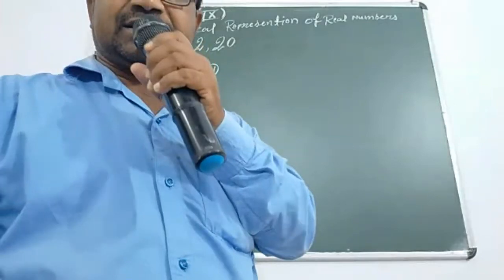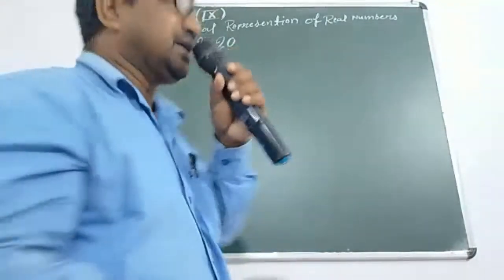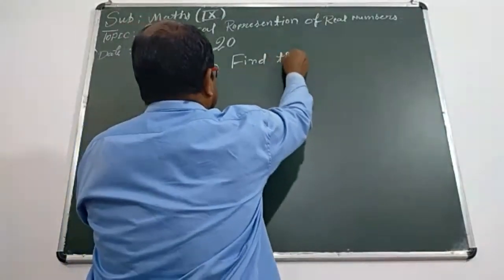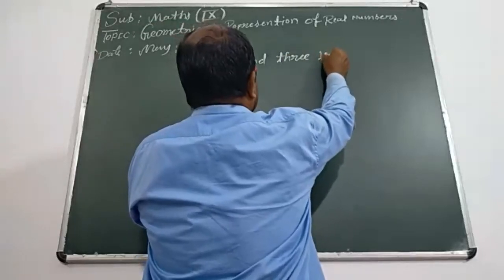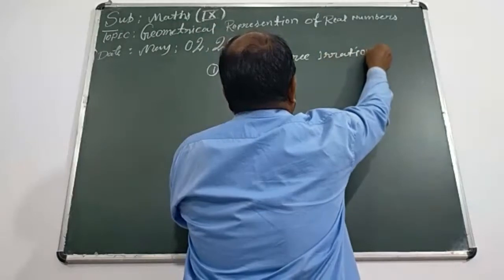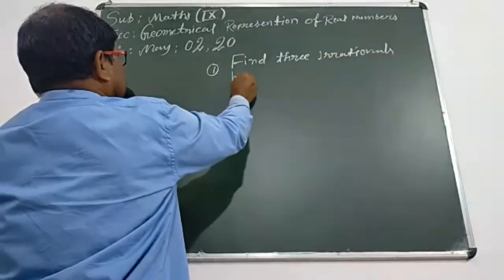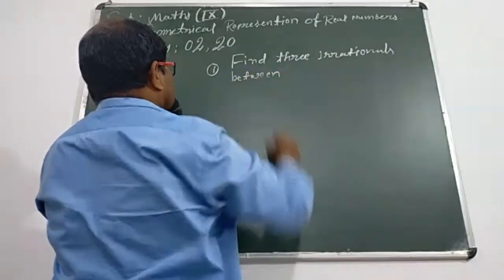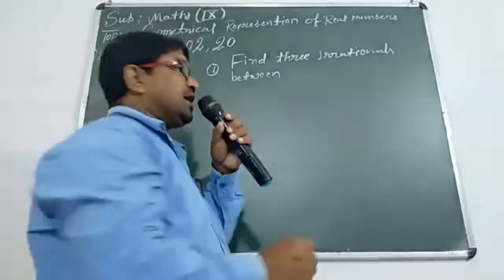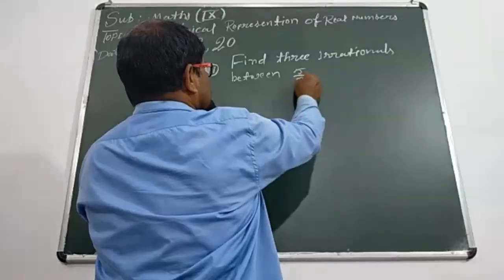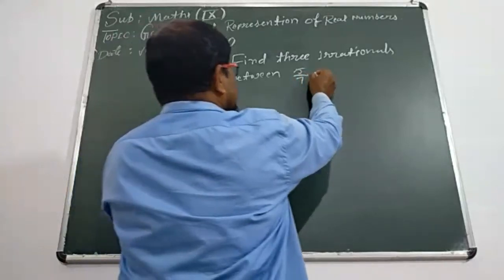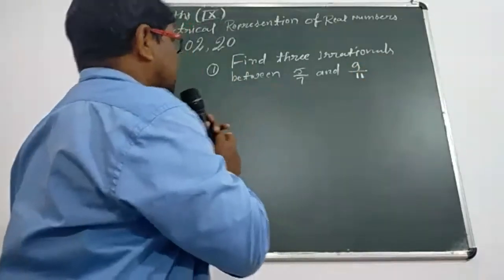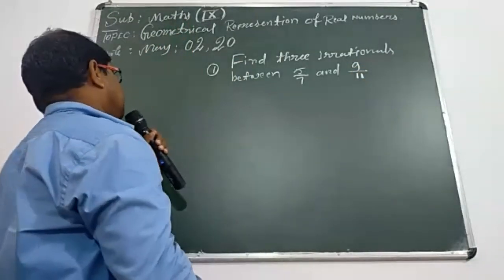Take down, find three irrationals between 5 upon 7 and 9 upon 11.